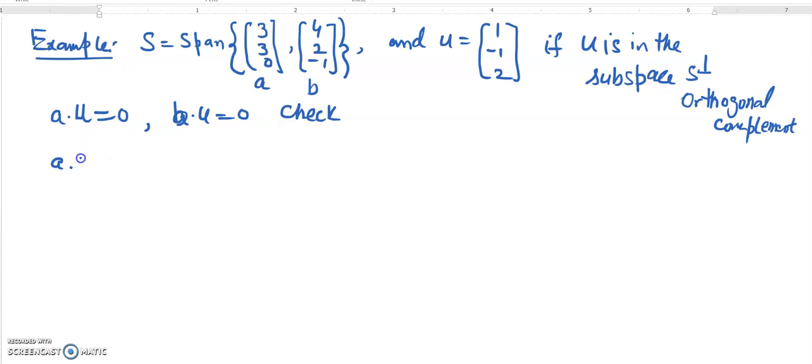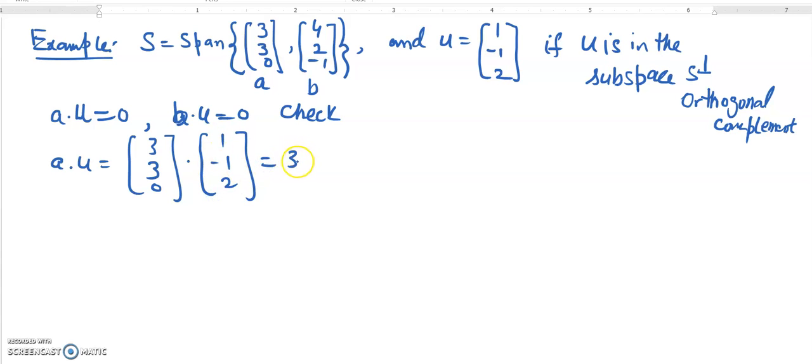So what is A dot U? 3, 3, 0 dot 1 minus 1 2. So it will be 3 times 1 plus 3 times minus 1 plus 0 times 2. As you can see, it is 0.